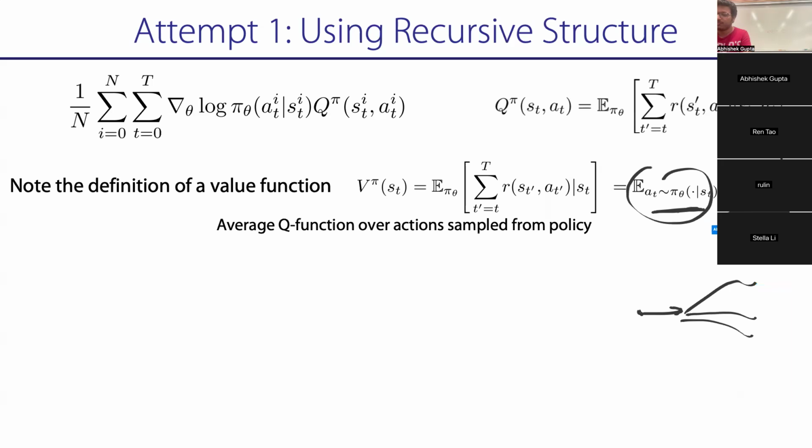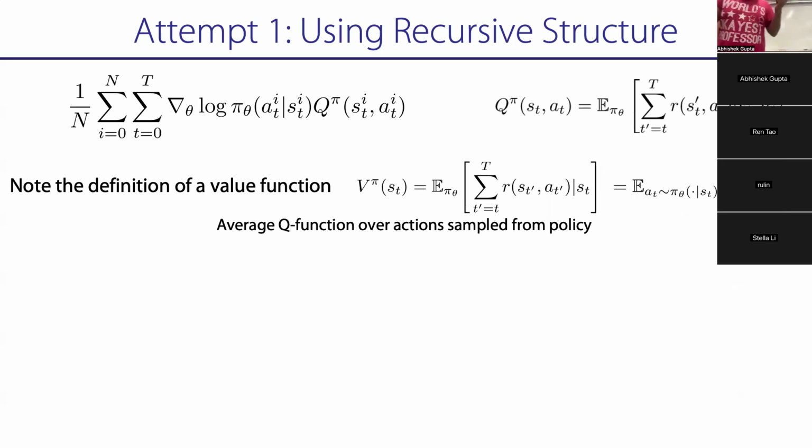This is saying average this thing over actions, the first action sampled from the policy itself. So the Q is doing it for a particular action, and then the V is saying, let those particular actions come from the policy, right? So V is equal to the expected Q. Does that make sense? We're going to use this in a second, but essentially a value function is nothing but the average Q function.